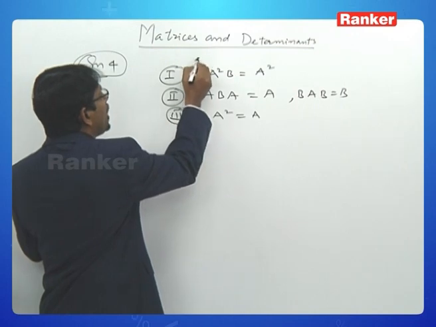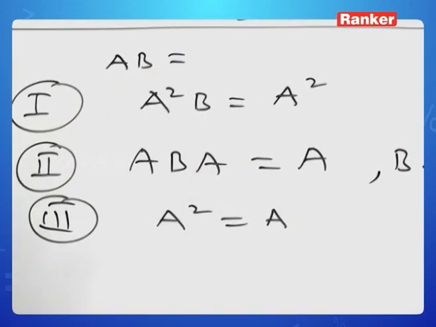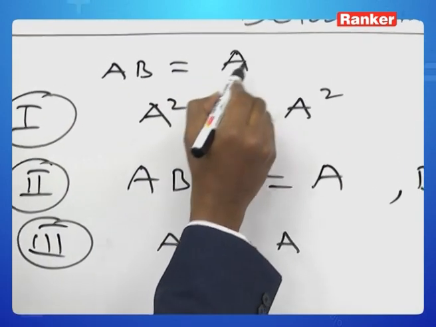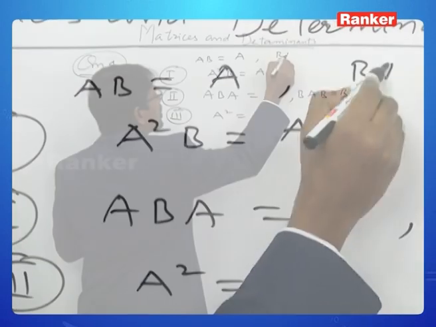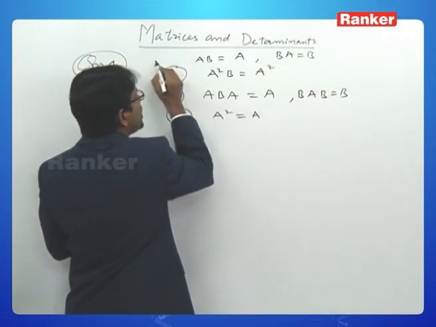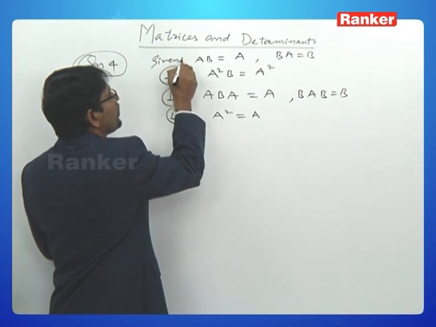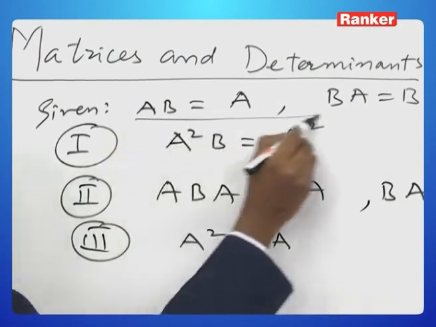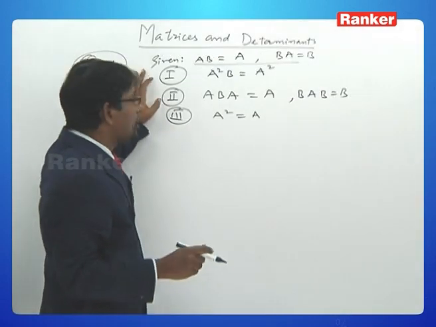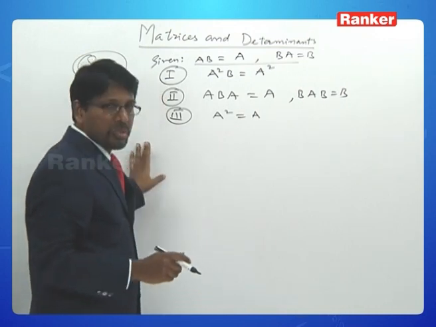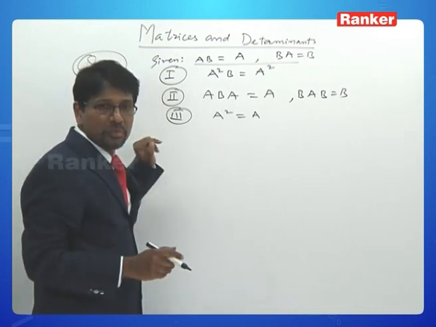We are given that AB is equal to A and BA is equal to B. This is given. So from this, as the hypothesis, can we conclude these 3 statements? This is the question.